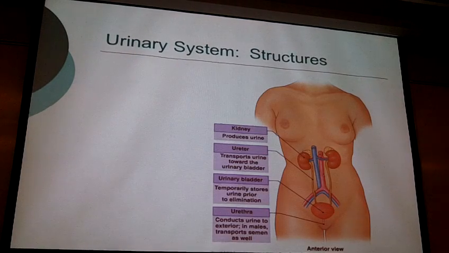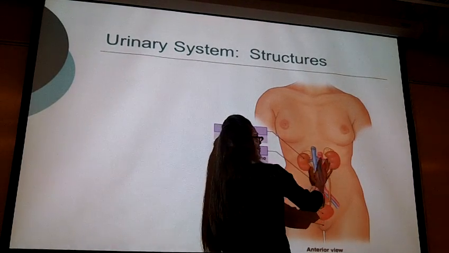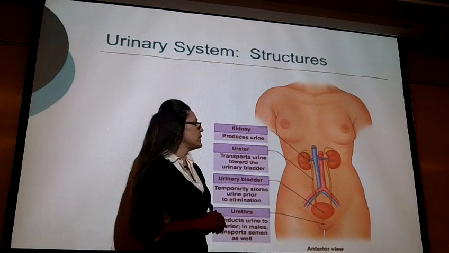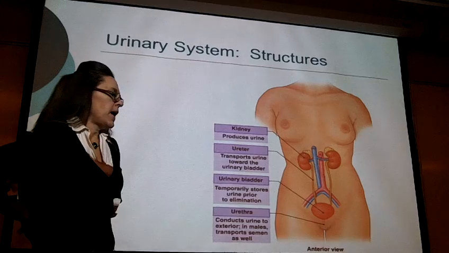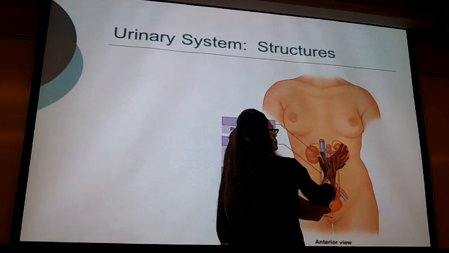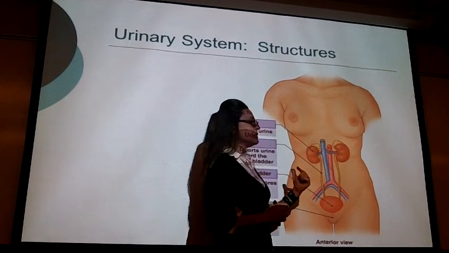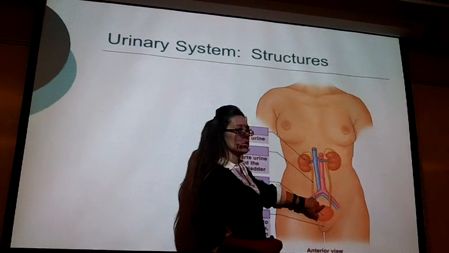So when we look at structures, again, pretty basic structures. Obviously we've got 2 kidneys, and they're going to be located dorsally in our abdominal cavity. Coming out of each kidney on the medial side will be tubes called the ureters.